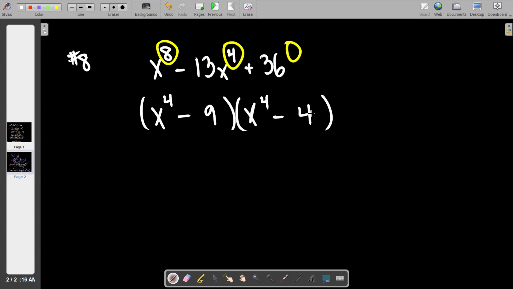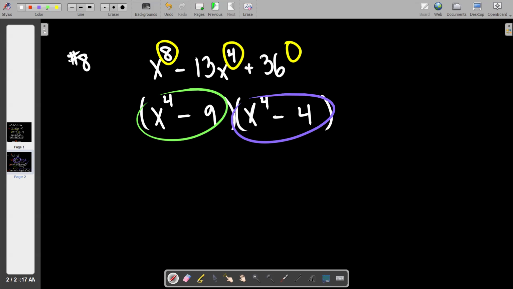You would lose a metric ton of points if you were to stop here. Why? Because they both can be factored, right? I recognize that this is its own difference of squares, and I recognize that this is its own difference of squares. So each of them will produce 2 offspring.